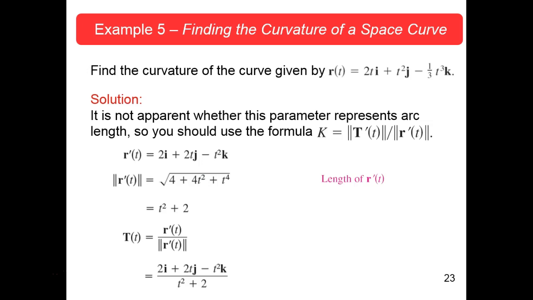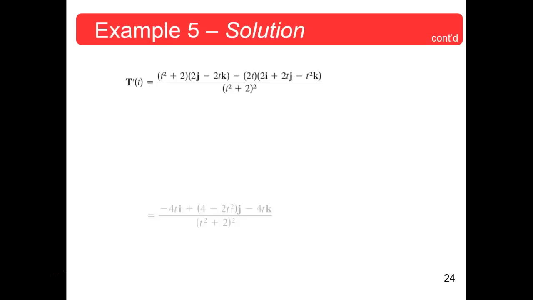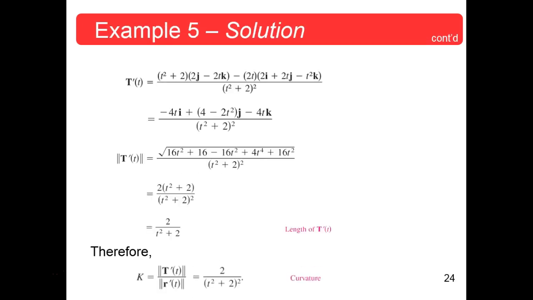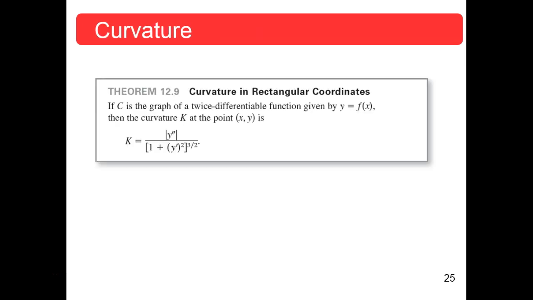There was magnitude of t squared plus 2. So it was this thing divided by another t squared plus 2. So that makes it t squared plus 2 squared. That's your curvature. And they don't do anything else about it. I thought they would at least try to give you a warm fuzzy of what that was representing. All right, so that's their example 5.